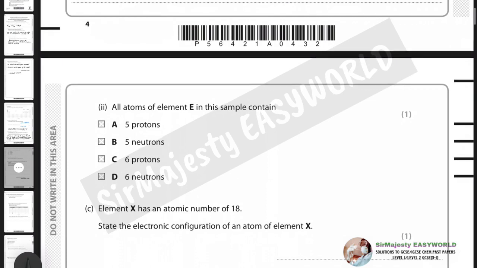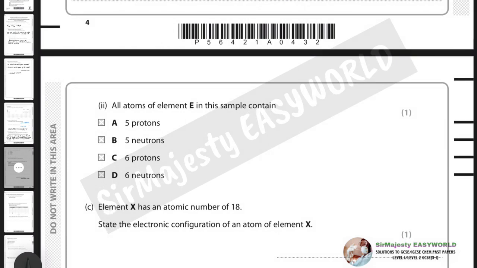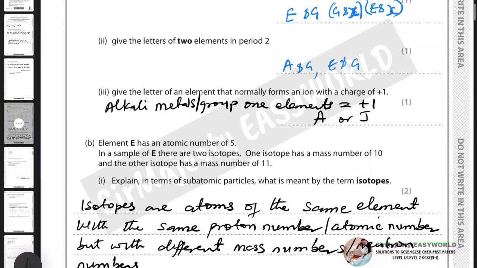Then we move over. This one says all atoms of element E in this sample contain A 5 protons, B 5 neutrons, C 6 protons, D 6 neutrons. You go back to the statement.